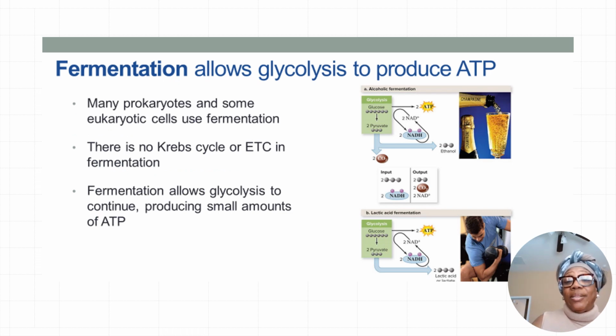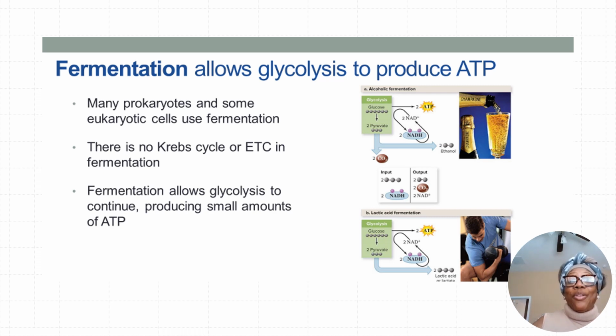Fermentation allows glycolysis to produce ATP, but only in small amounts. There are just two ATP molecules produced in glycolysis, whereas in the entire aerobic cellular respiration process, 36 molecules of ATP are produced. Many prokaryotes and some eukaryotic cells use fermentation.